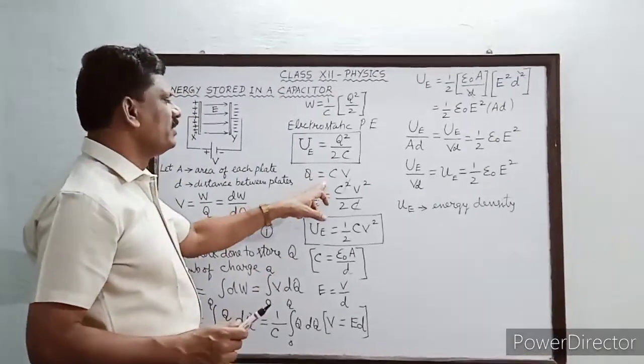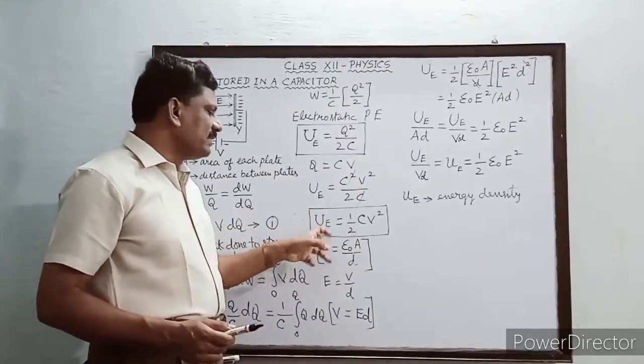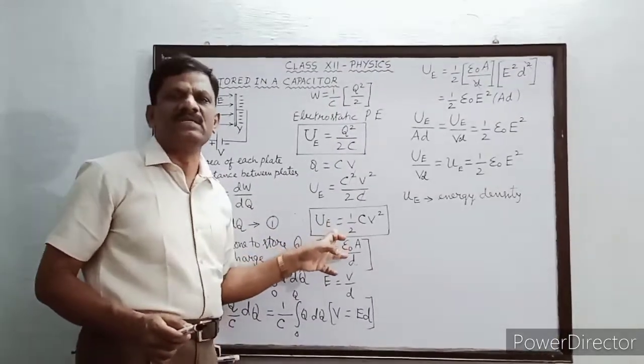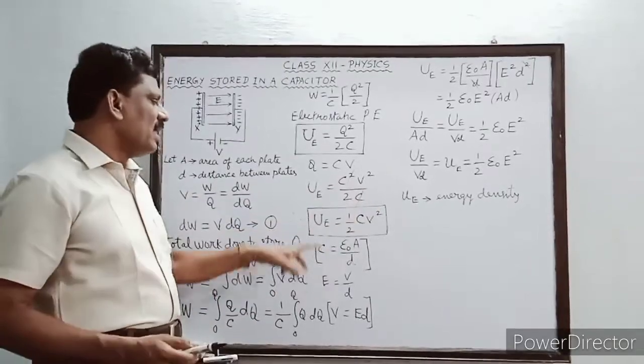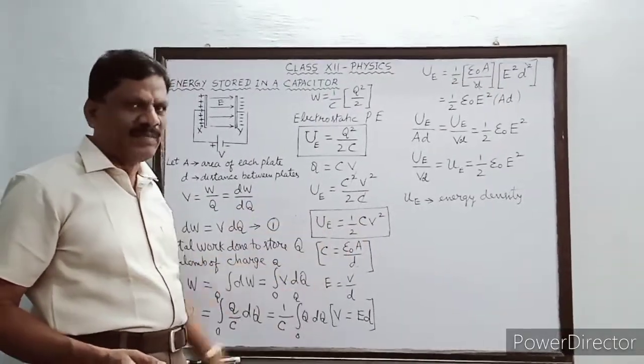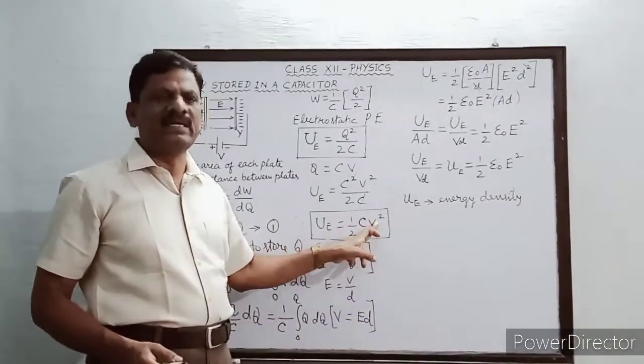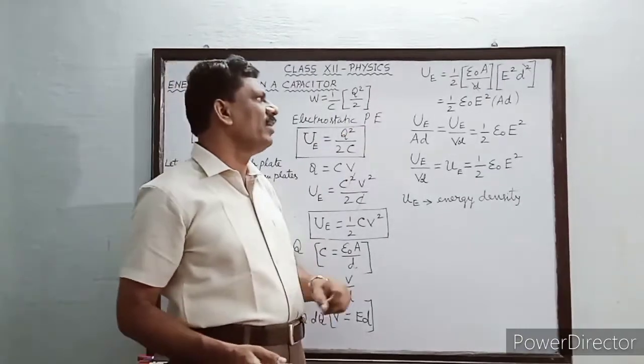And then we substituted Q equal to CV and got another equation, that is, the electrostatic potential energy UE is also equal to half CV square. And then for the parallel plate capacitor, C equal to epsilon naught A by D, and V equal to E into D, we have substituted, and the expression for the potential energy we have got.